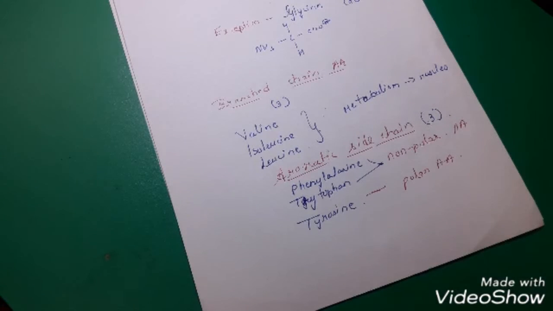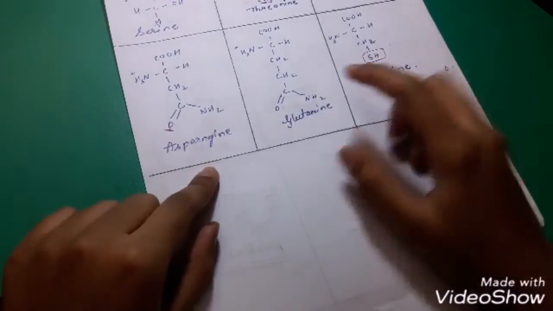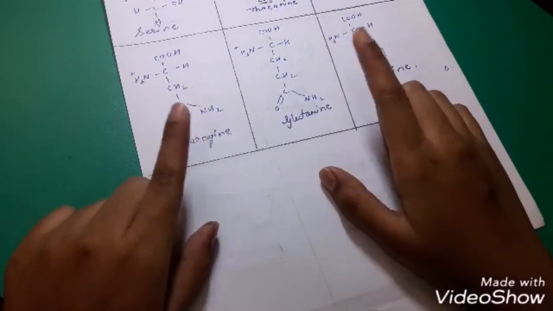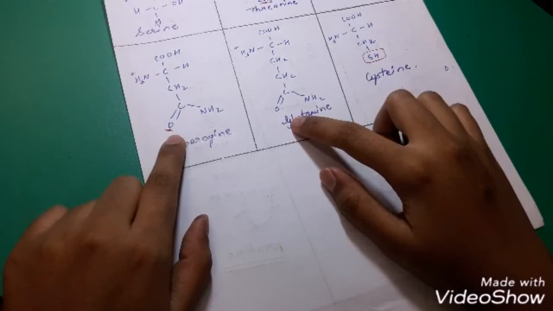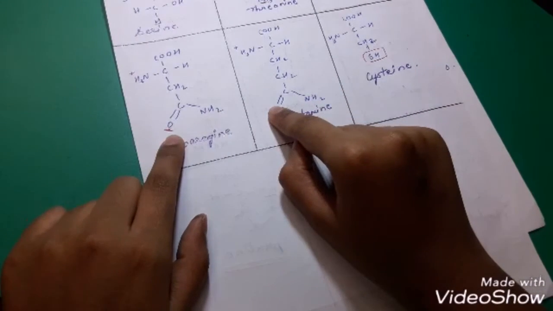Okay, so next I want to tell you about asparagine and glutamine. We have seen the structure of asparagine and glutamine. So here it is, asparagine and glutamine. I have told you the common thing in both, they have the free carboxyl group.